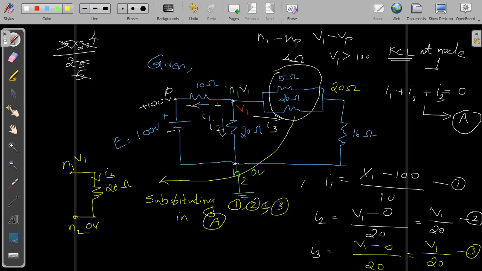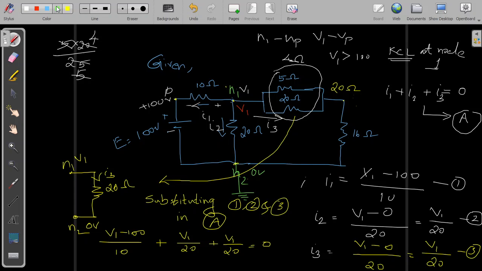That means I get V1 minus 100 divided by 10 plus V1 by 20 plus V1 by 20 equal to 0.